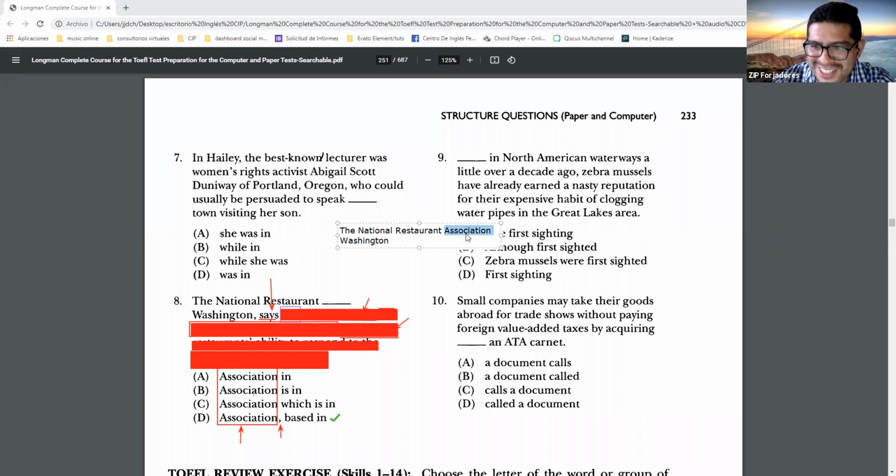If you say "the National Restaurant Association in Washington," you don't need the comma then.